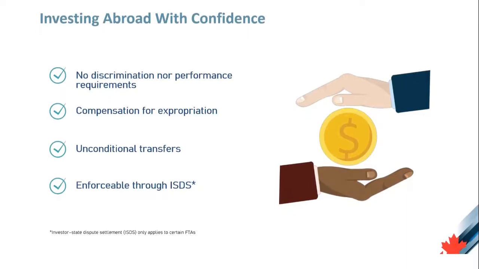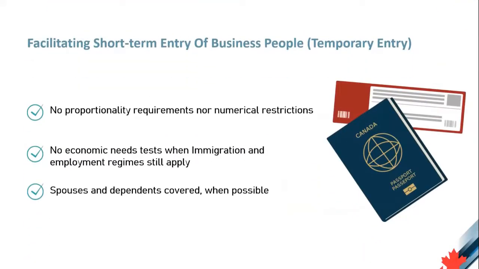The next slide, please. First, facilitating short-term entry of business people. This is temporary entry. Well, this is now a difficult time, but normally, when we're back to normal, I cannot imagine a Canadian company not sending people, workers in person, or participating in trade shows or trade missions, or being in a foreign country to prepare for a bid.